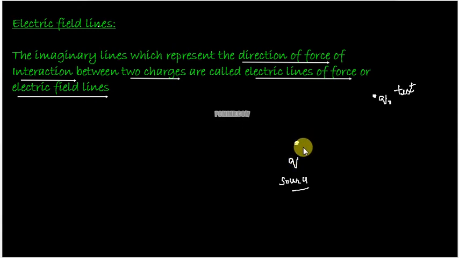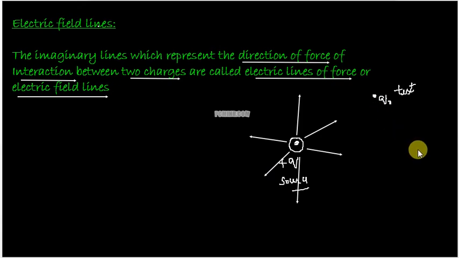Now, one important thing about electric field lines that you really need to understand is that if you have a positive charge, so if my source charge is positive right here, then the direction of the electric field lines is going to be outwards, away from the charge, as you can see with the arrows marked. So they will be going out like this.